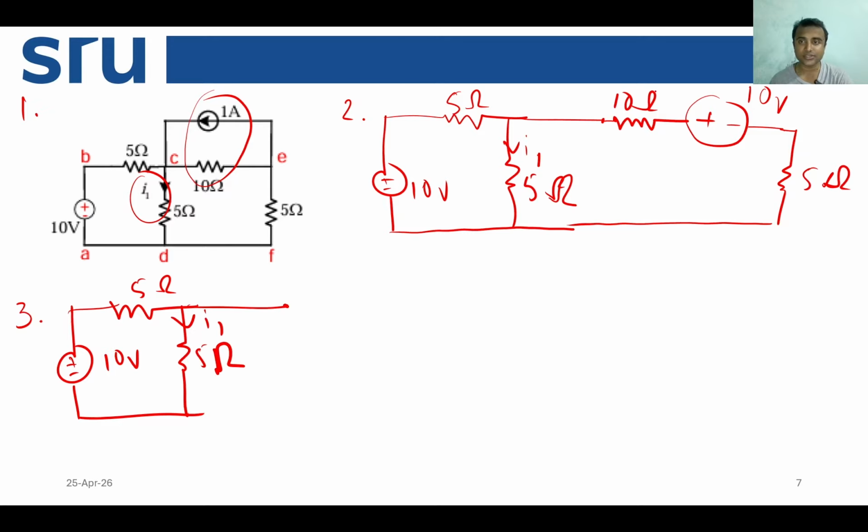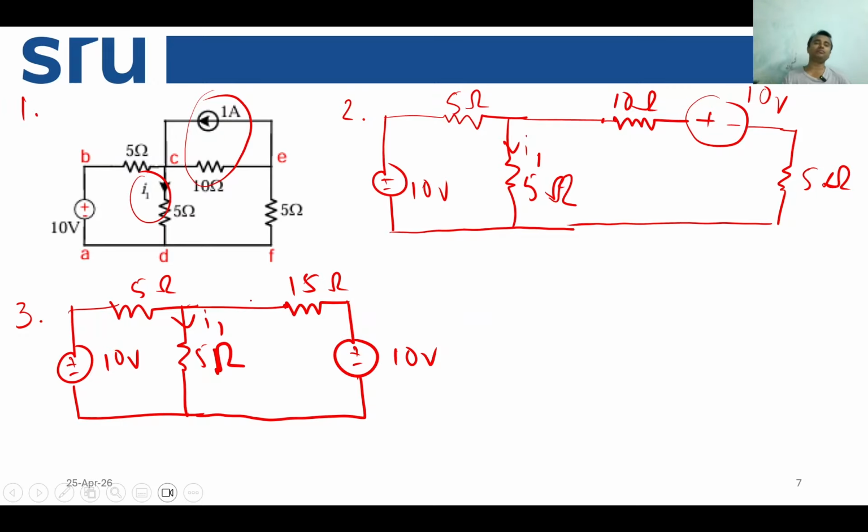This 10 ohm and 5 ohm are connected in series, so together they give you 15 ohm, and the voltage source having plus minus 10 volts. Okay. So now these two, I told you that you have to first convert them into a current source when you have some element on the left hand side and some element on the right hand side of the target resistance through which current is to be calculated.